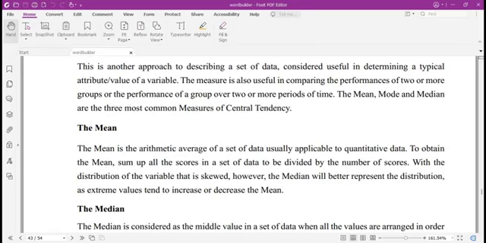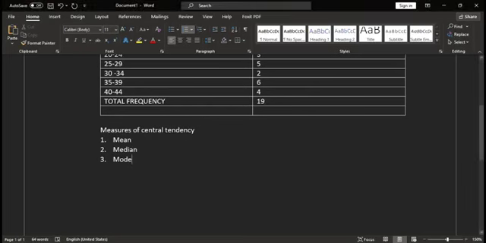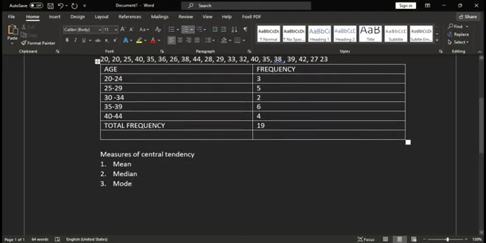If we look at the mean, let's still use these figures we used, assuming we are to find the mean. Okay, we said to get the mean, you sum up all the scores in the set of data and you divide by the number of scores. Let's take the mean of those scores here. Mean.